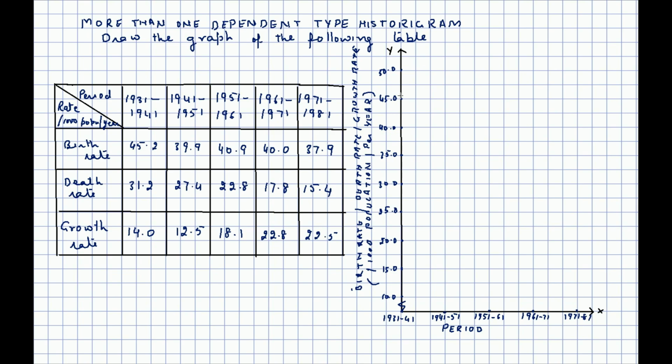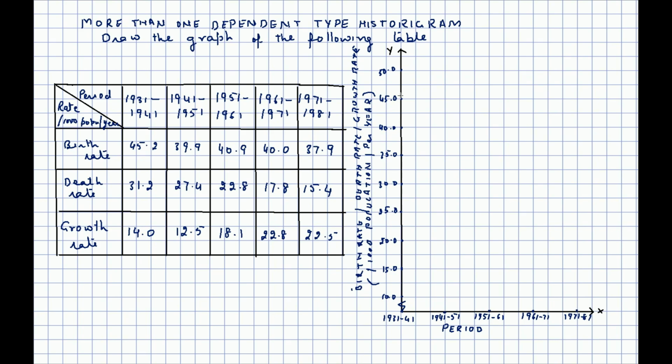So on y-axis we'll start a little lower than that. We'll start with value 10 and we'll go up to 50. Now again, the y-axis represents growth rate, death rate, and birth rate per 1,000 population per year.